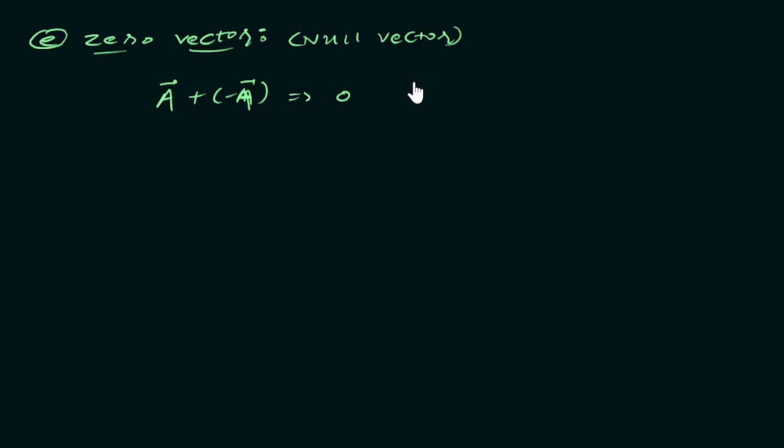Basically, such a vector has zero magnitude and undefined direction. Such vectors are known as zero vectors or null vectors.